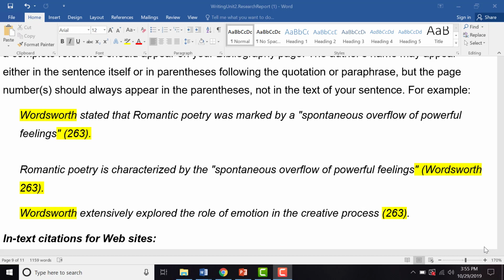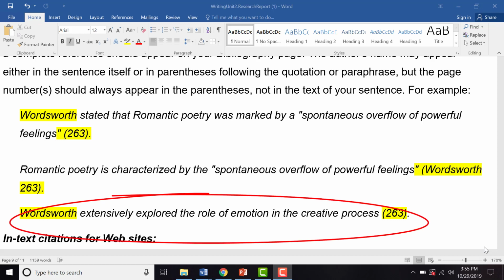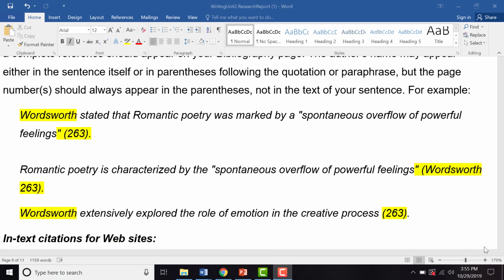Perhaps I have not copied directly from page 263. Perhaps I rewrote the information that was there in my own words. Remember, I still have to provide an in-text citation. And again, it might look like this. It has to have the author's last name with a page number in parentheses.